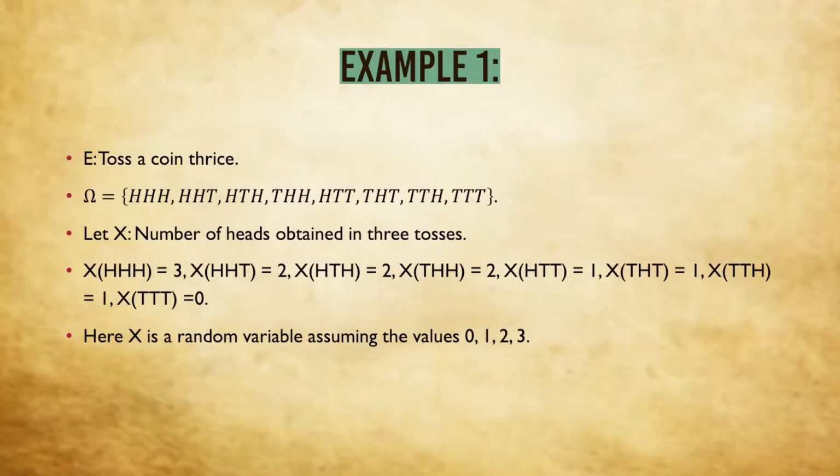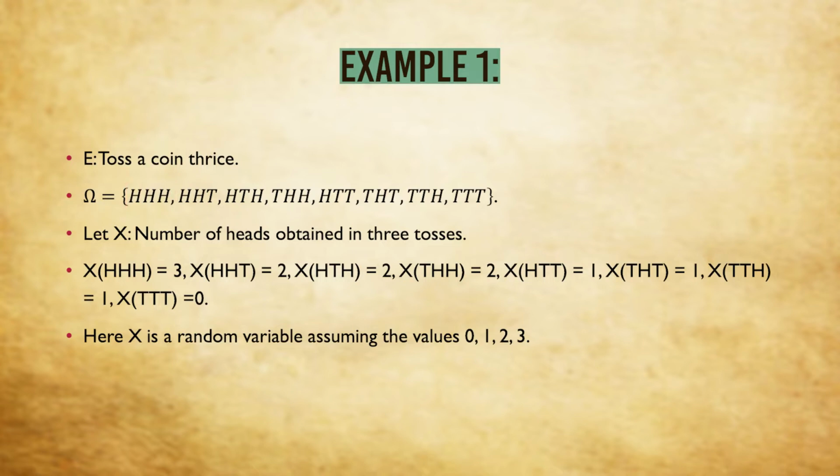So we take the first example, we toss a coin thrice. That means how many outcomes will be there? There will be in all 8 outcomes. How do we enumerate these outcomes? First, when we toss a coin 3 times, what is the maximum possible number of heads? 3. So HHH will be 1 outcome. Next possible number of heads is 2.